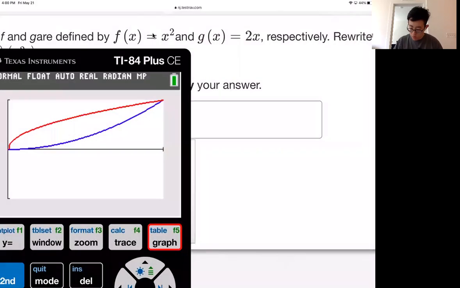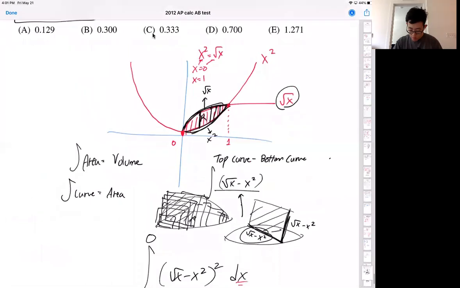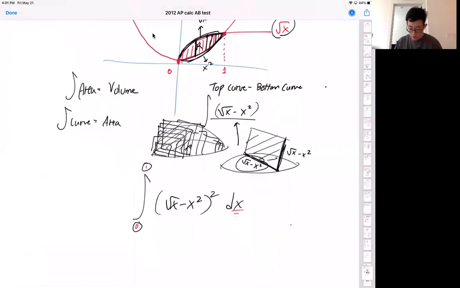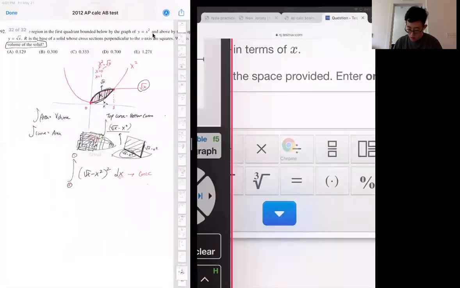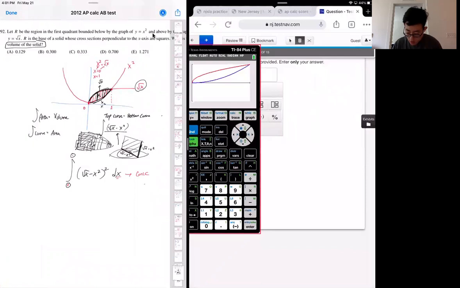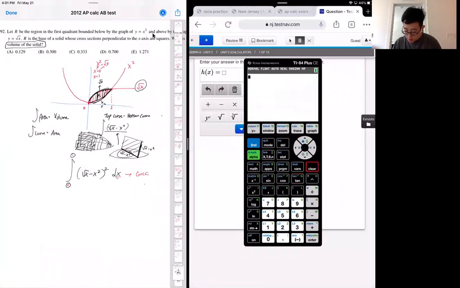All right, so let's see what I am going to get if I do that. 0 to 1. And I'm going to plug this in by using the calculator. All right, so you all know where to go for the integration. Go to math, go to 9, from 0 to 1, square root of x minus x squared.